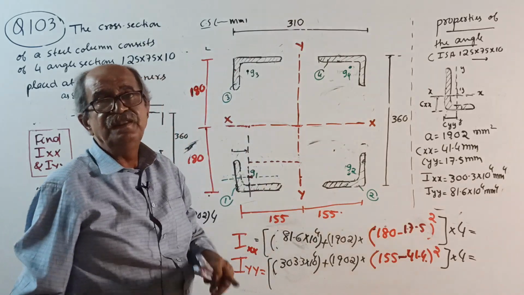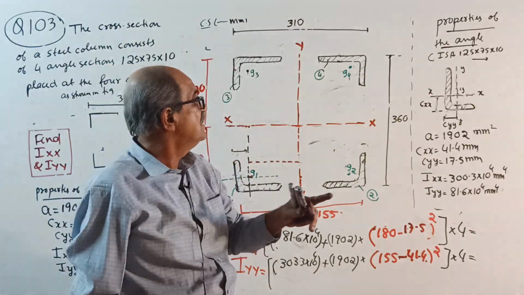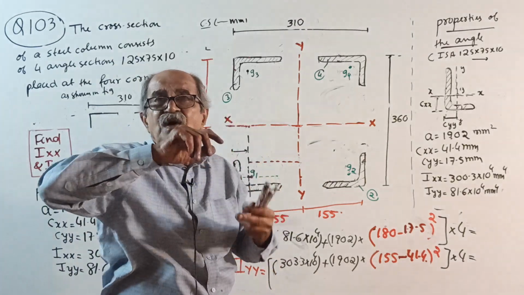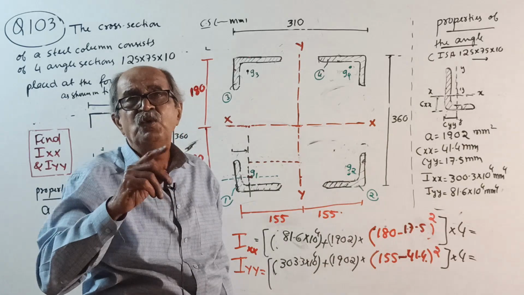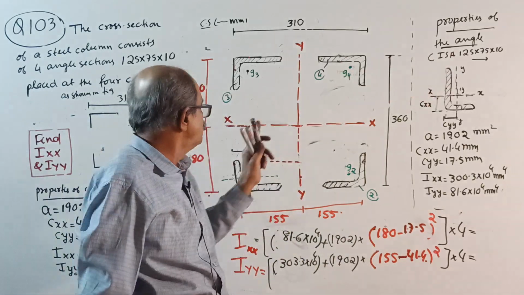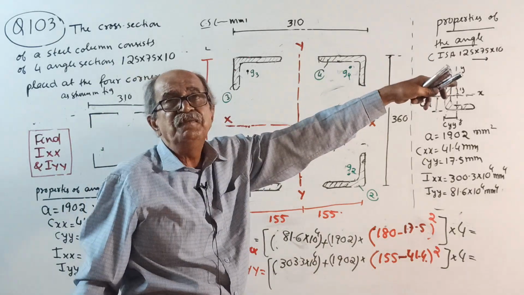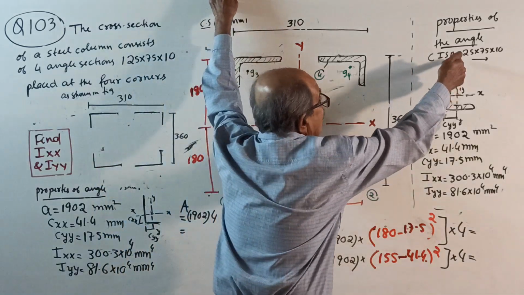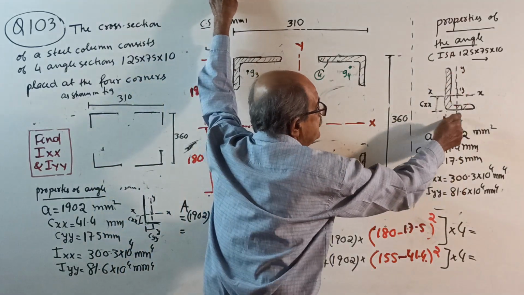But in case the rolled section is placed turned, not as per orientation, turned by 90 degrees, horizontal there becomes vertical here, vertical there becomes horizontal here, then when you want IXX, it is the YY property and this distance.